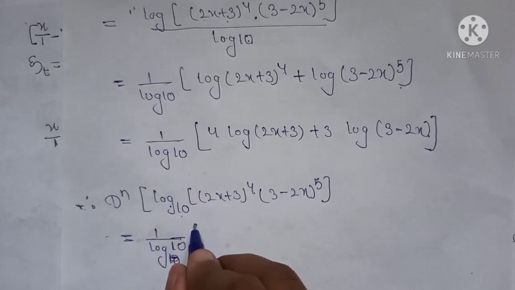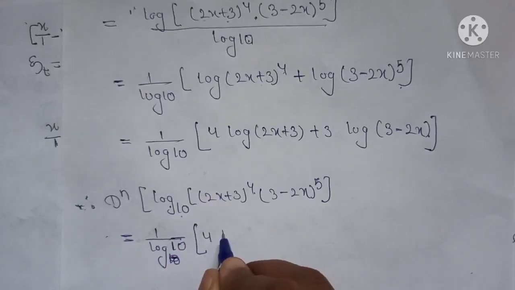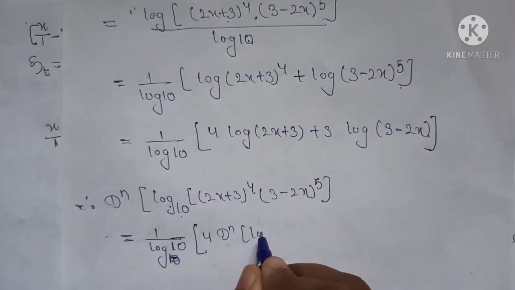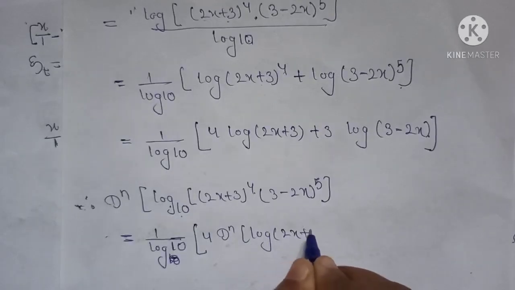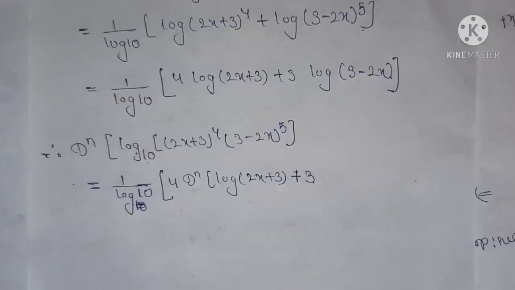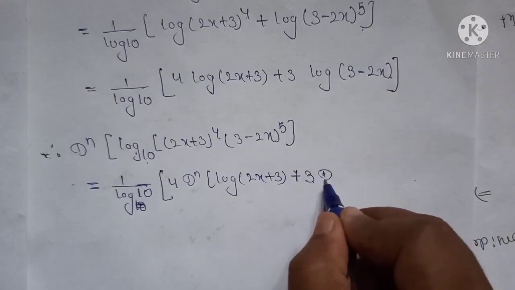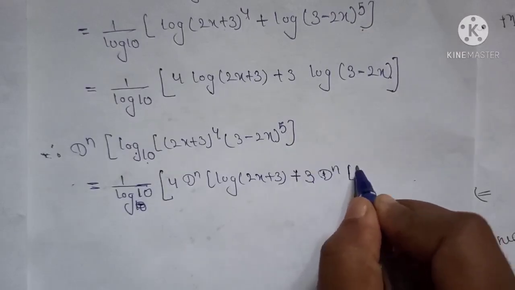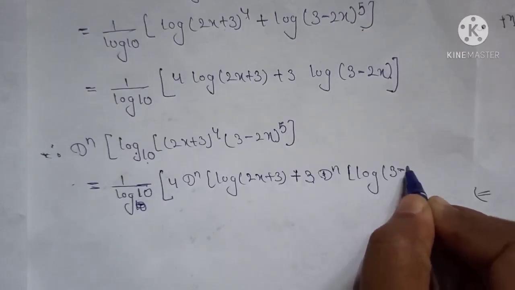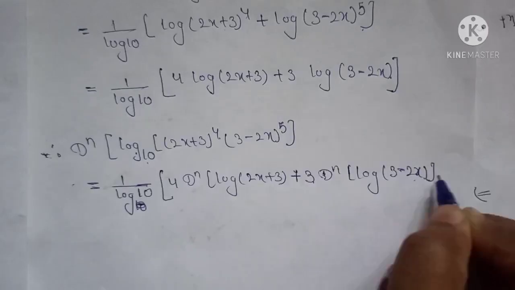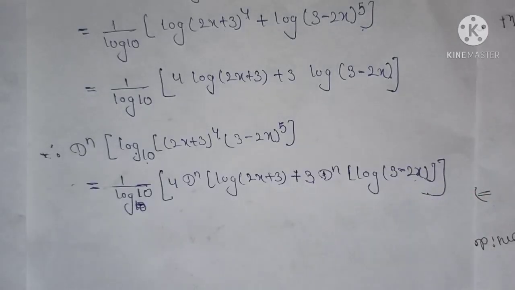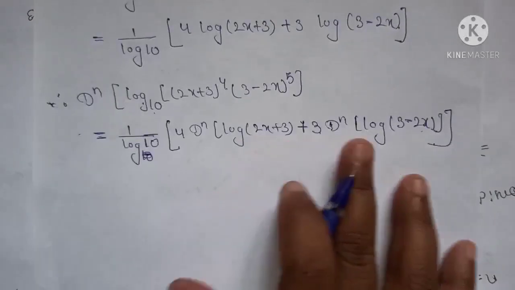We get 4 times the nth derivative of log of (2x + 3) plus 5 times the nth derivative of log of (3 minus 2x). Now we apply the log of (ax + b) formula here.